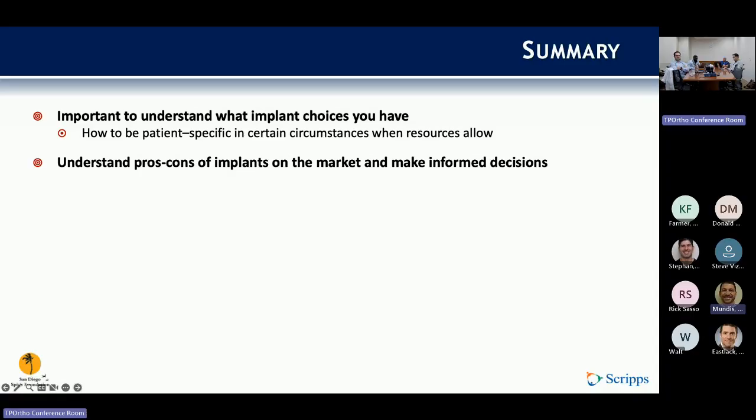So just realize that most of the time we're making choices based off of some scientific merit, maybe not necessarily always evidence-based, but a lot of times you don't have that. We don't have the luxury of understanding all the patient-specific requirements and all the implant variability that we have. So being able to think through that, I think, is really, really important. So great job outlining that for us.